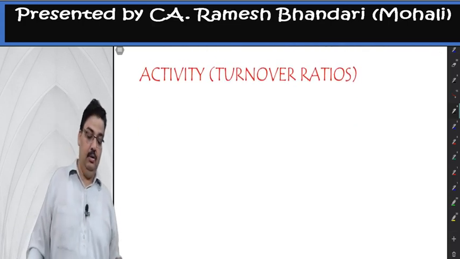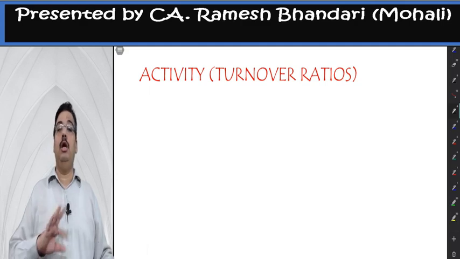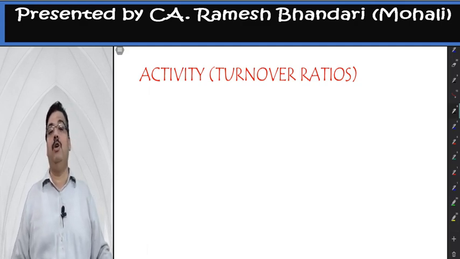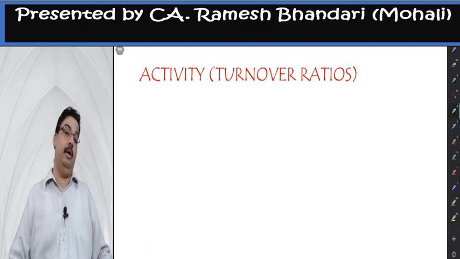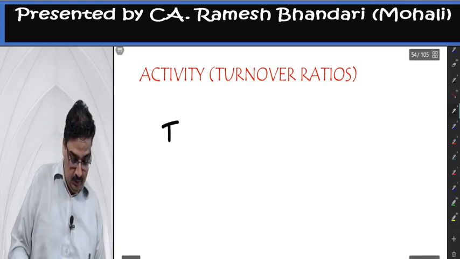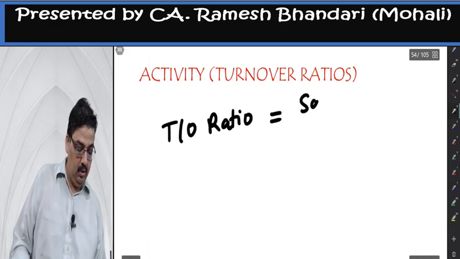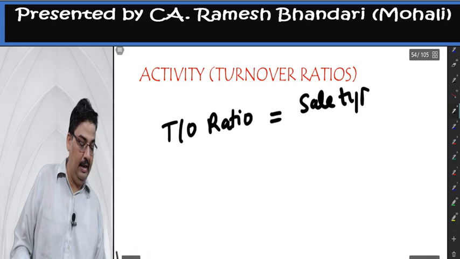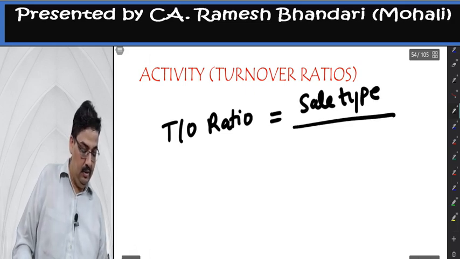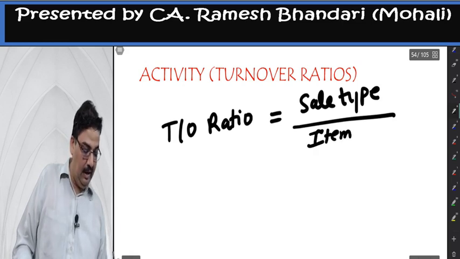Next category, activity ratios or turnover ratios. Now in this, there are two ratios clubbed together. One is for turnover, another is related holding period. They are all interrelated. The turnover ratio will be a sale type item in the numerator divided by the item for which turnover is computed.